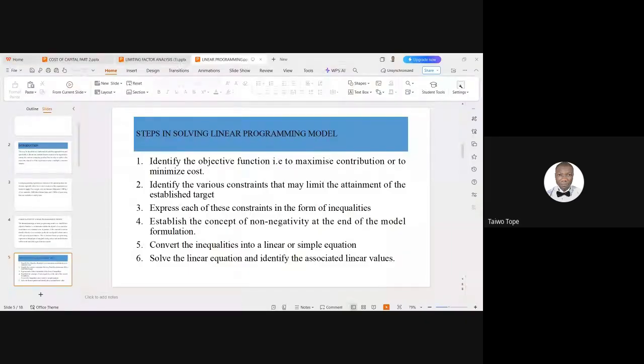When you convert the inequality into an equation, the inequality sign will change to an equal sign. So instead of having less than or equal to, it will now be equal to. When the inequality changes to a simple equation, you can now find the unknown variables.